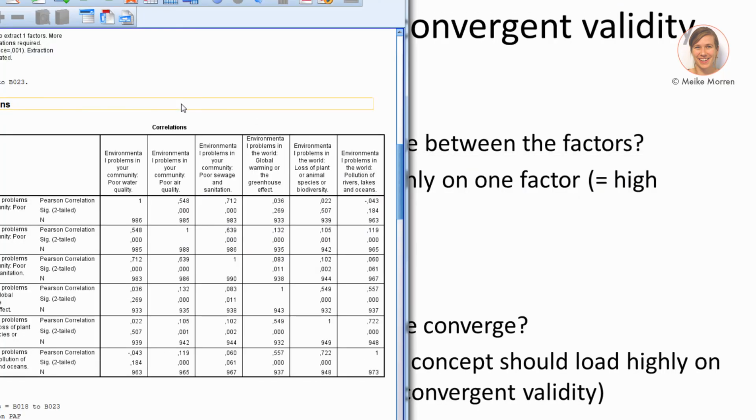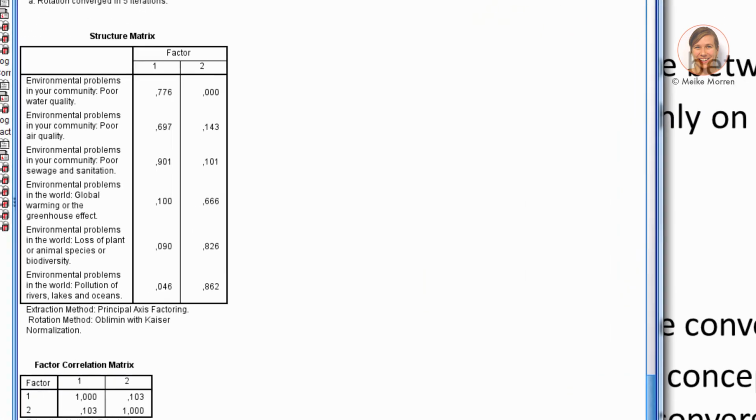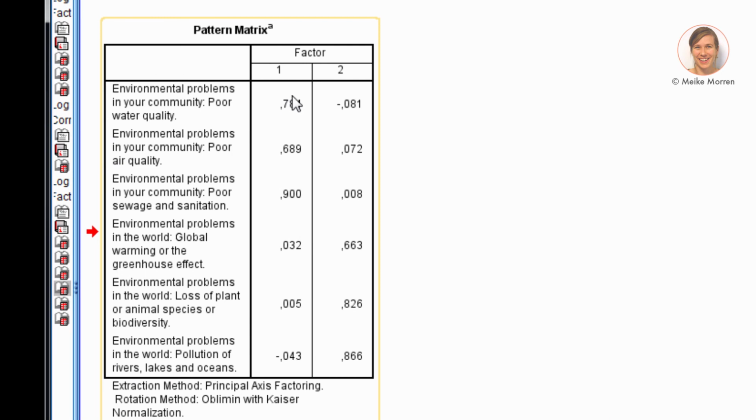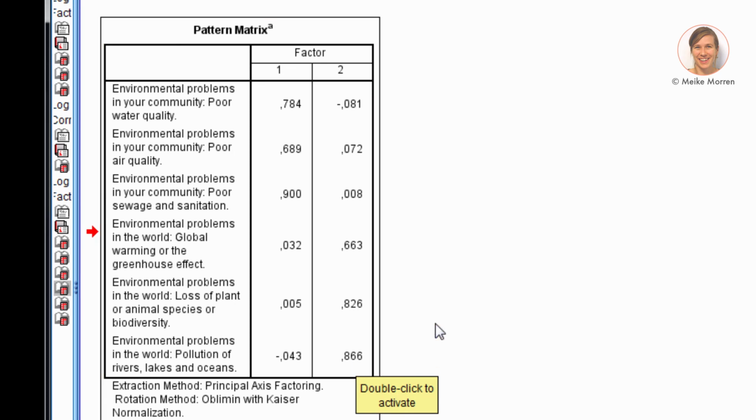Now, if you go back to our solution, we see that we have a high convergent validity, since the items load strongly on their factor. We also have a high discriminant validity, since all the items only have a high factor loading on one factor.